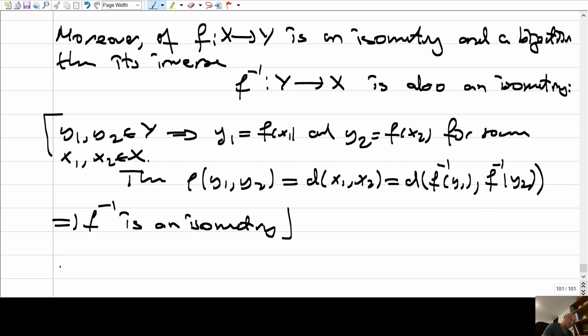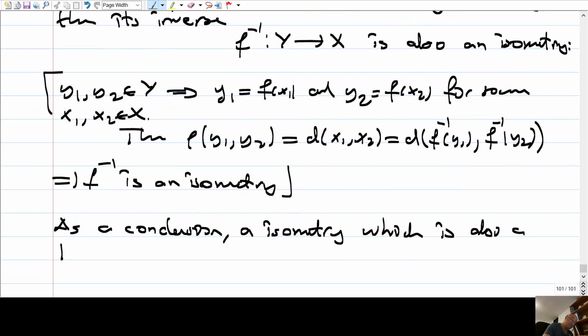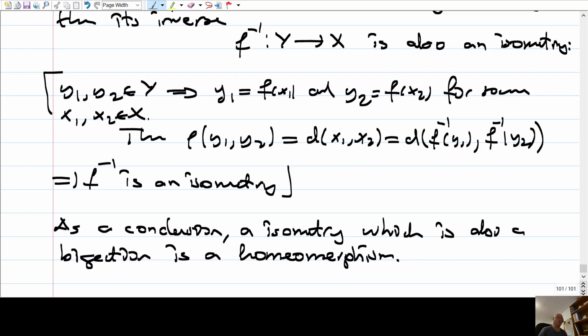As a conclusion, an isometry which is also a bijection is a homeomorphism, because both the isometry and its inverse are continuous.